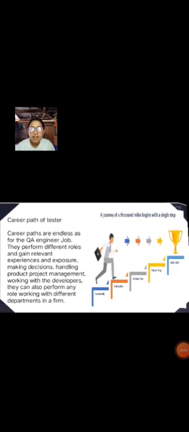Next is the career path of a tester. Career paths are endless for the QA engineer job. They perform different roles and gain relevant experience and exposure making decisions, handling product and project management, working with the developers. They can also perform any role working with different departments in a firm.